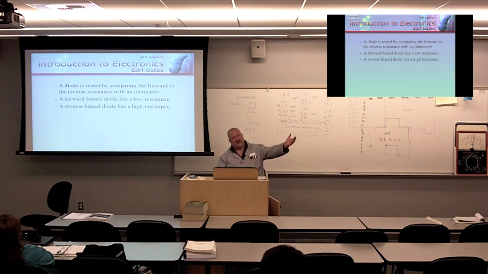It's easy to set up a digital multimeter and measure the forward reverse test using a DMM. But when you're measuring resistance, you're going to have to kick it old school and use an analog meter. Forward biased diode is going to have low resistance. Reverse biased is going to have high resistance.